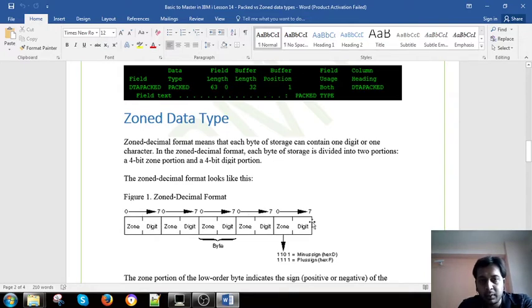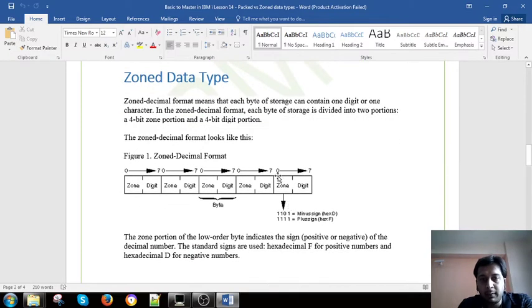The zone is 4 bits and the digit is again 4 bits. The zone is where you declare the negative or positive value, and the leftmost portion represents the actual sign. Minus is hexadecimal D, and plus is hexadecimal F.